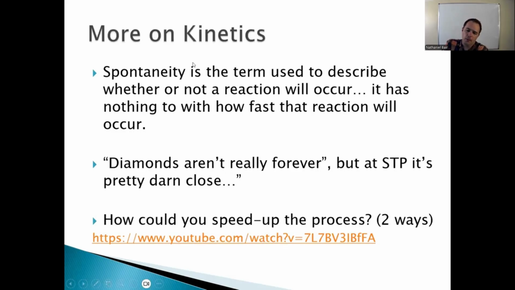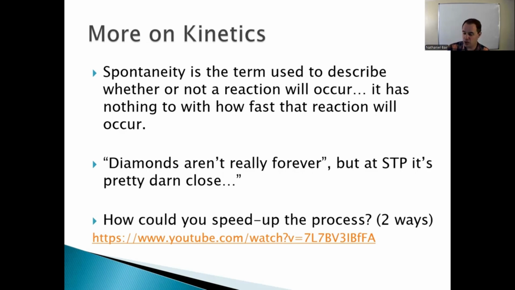So we chemists describe reactions that happen on their own as being spontaneous. Spontaneity is the term we use to say whether or not a reaction will occur. So if I mix A and B together and they just sit there and don't react, that would be a non-spontaneous reaction. So spontaneity is the term we have for whether or not a reaction is going to happen.